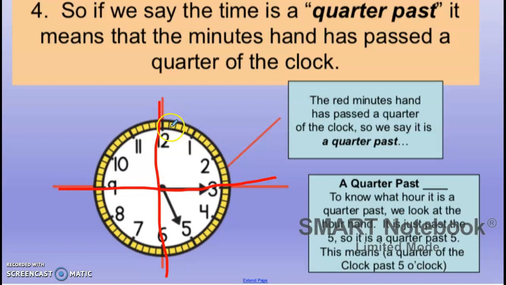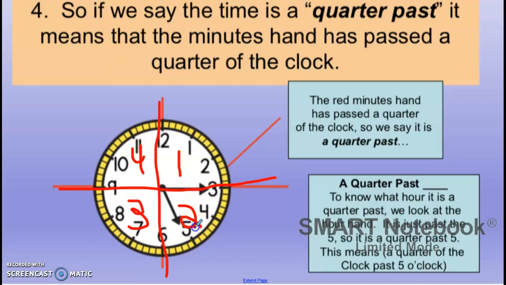Okay, so basically every 15 minutes is going to be a quarter. Remember, this is our first quarter, this is our second quarter, this is our third quarter, and this is our fourth quarter. Now, we don't have to look at the third quarter or the fourth quarter in this clock because the minute hand and the hour hand are both not in those sections. Okay, so if I'm looking at the hour hand, it looks to be a little bit past the 5.